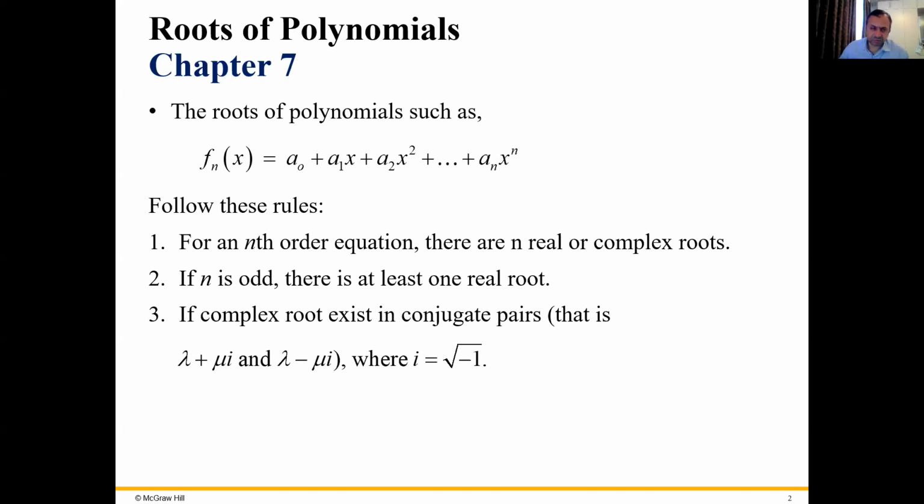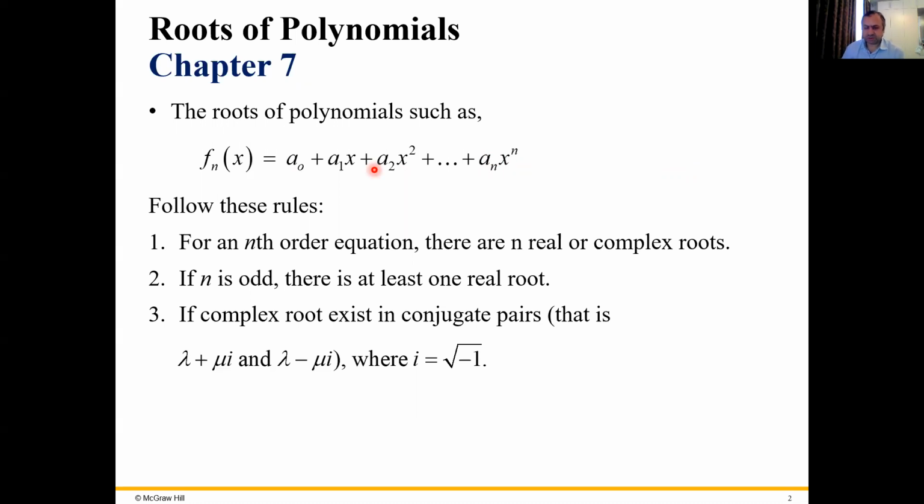like it has been shown over here, the roots of polynomial, the specific structure starts from the power of x equal to 0, then power of x equal to 1, power of x 2, and then up to the last highest order power of x, which is n. So it is the nth degree polynomial, and each of these powers of x is multiplied by constant values a0, a1, a2, an.